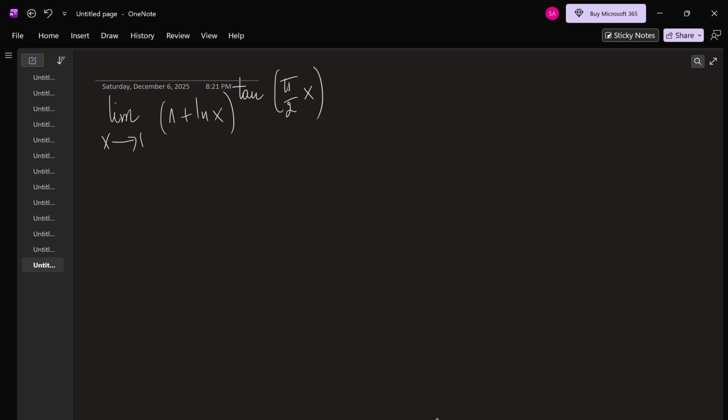So here we will consider the change of variable. Instead of x we will put u plus 1. So here, putting u is equal to x minus 1, as x goes to 1, we have u going to 0. And also this gives that x is equal to u plus 1. Okay? Now we have the limit.